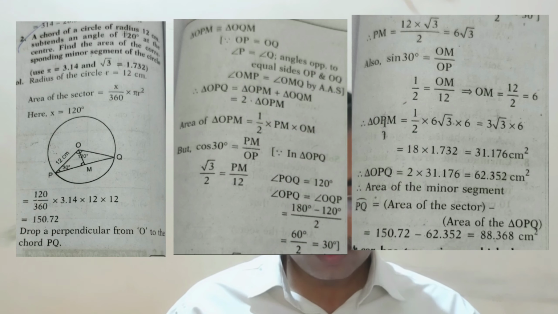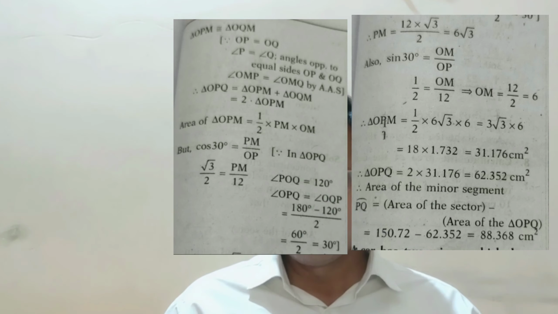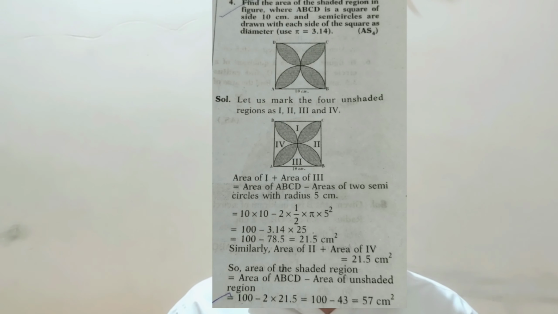And one more important one: a chord of a circle of radius 12 cm subtends an angle of 120 degrees at the center. Find the area of the corresponding minor segment of the circle. And one more: find the area of the shaded region in the figure where ABCD is a square of side 10 cm and semicircles are drawn with each side of the square as a diameter.